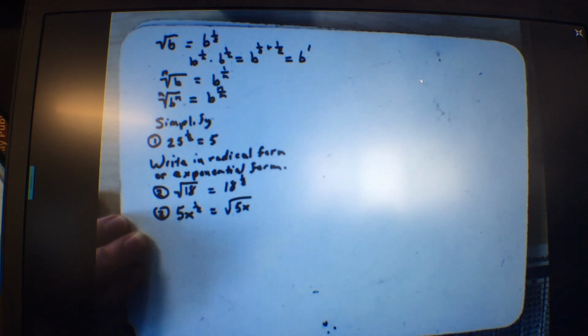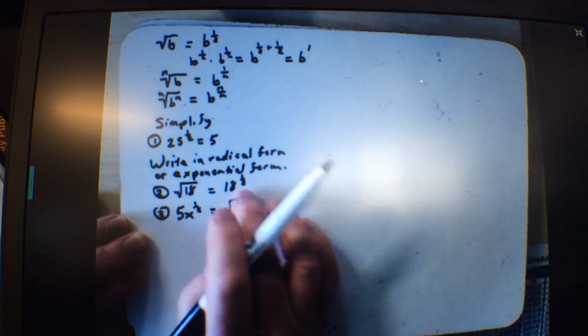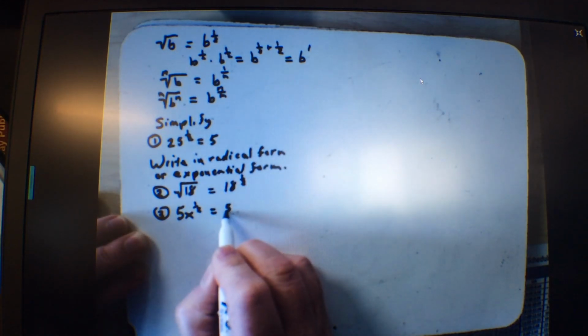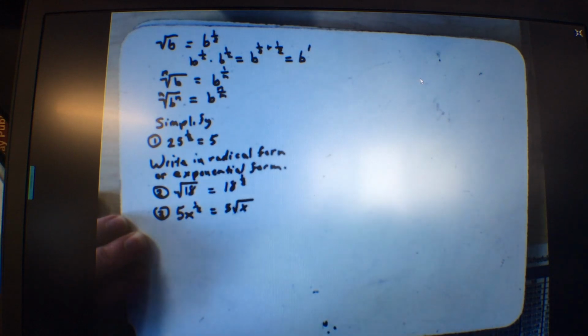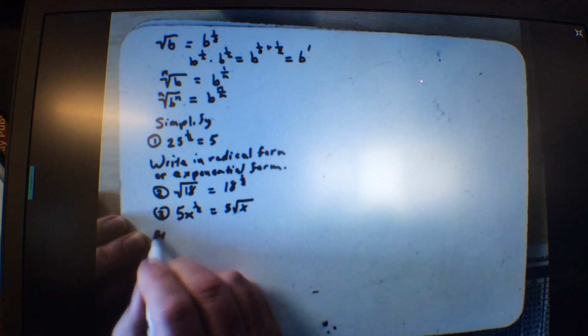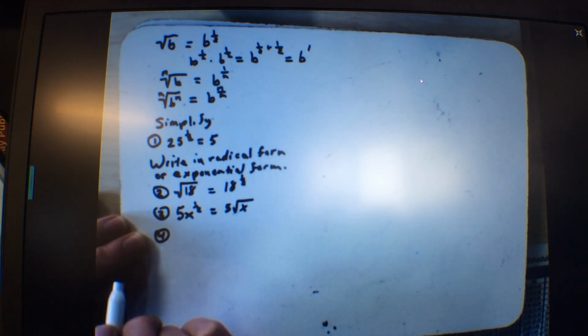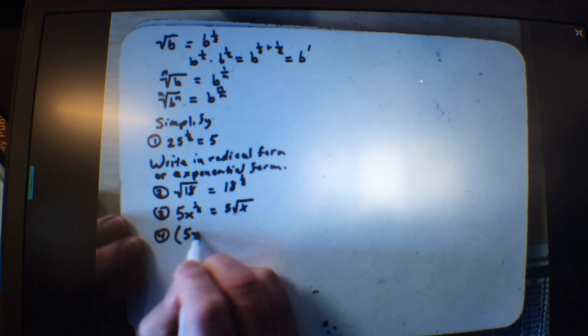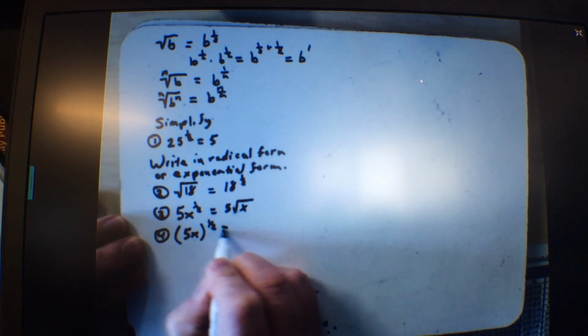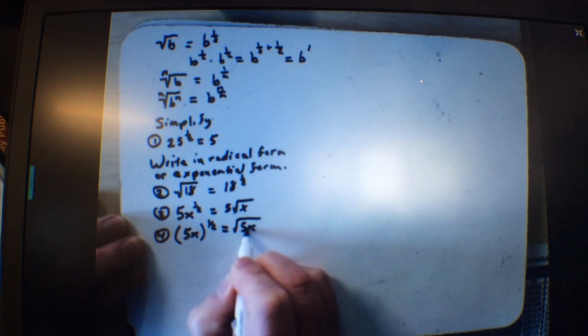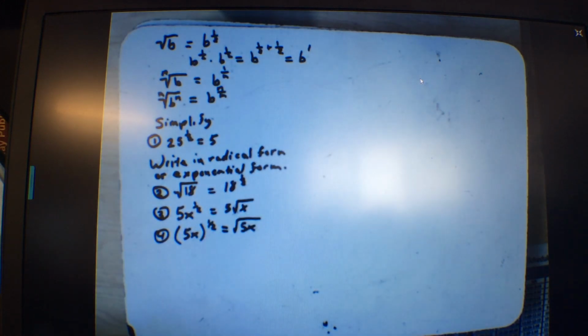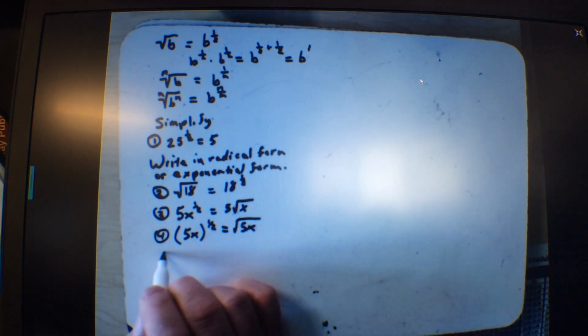Does it go to the 5? No. So the 5 is out front, and it looks like that. So it's 5 times the square root of x. How would I get both of them under there? Parentheses. 5x to the 1/2 is the square root of 5x. Do you see the difference? Okay, you got to be careful on that, because the author will do that to you, correct?